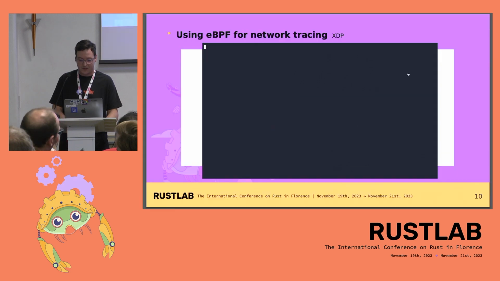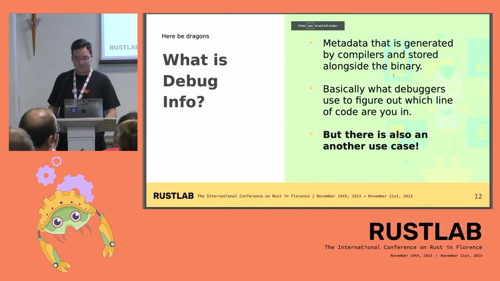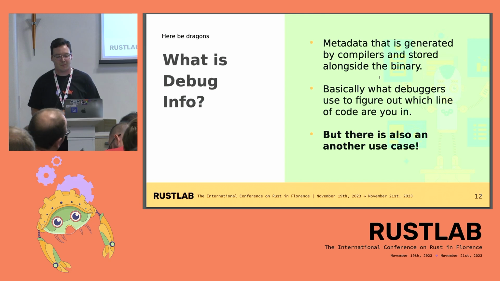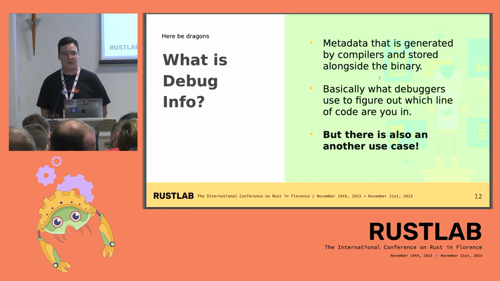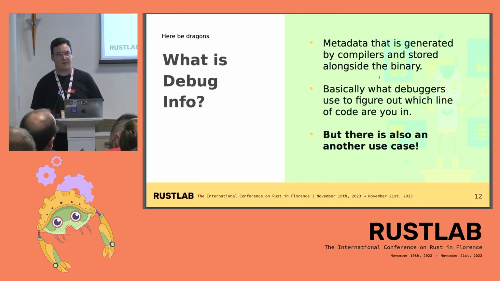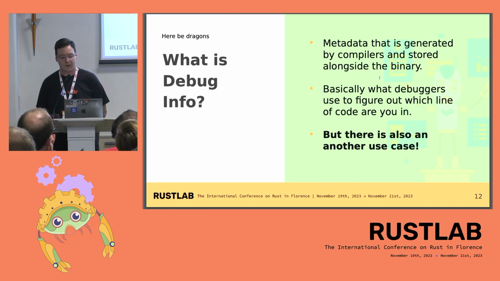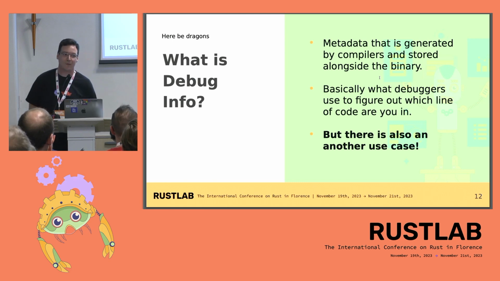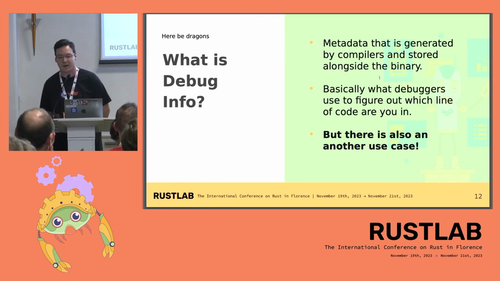Getting back to the slides. And before I dig further, I need to introduce one compiler-related concept, which is debug info. Debug info is metadata generated by compilers about your code and stored alongside the binary. This is basically what debuggers use for showing you which line of code you are in.